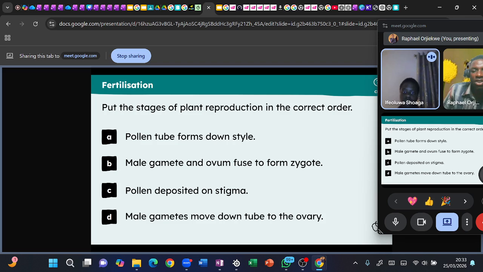So put the stages of plant reproduction in the correct order. A, B, C, and D. Tell me what is the right order. Type your answer in the chat.